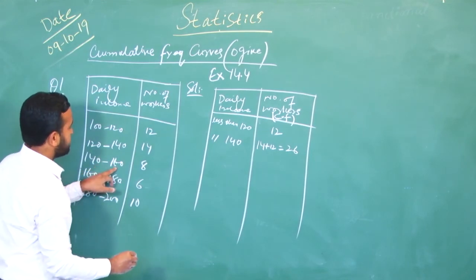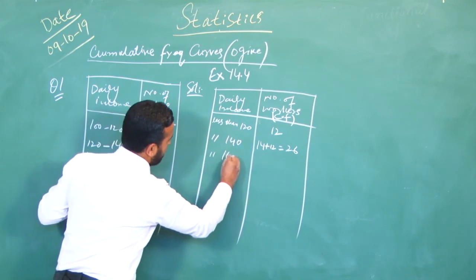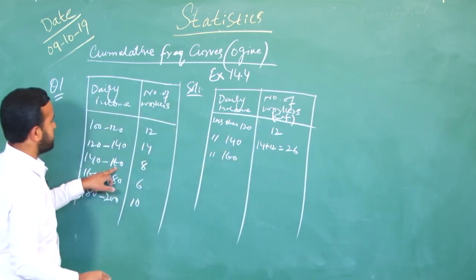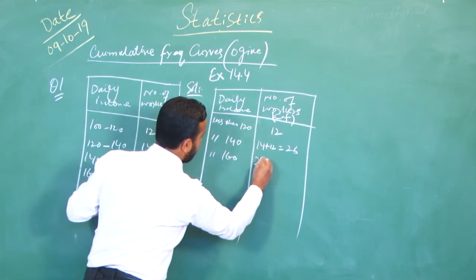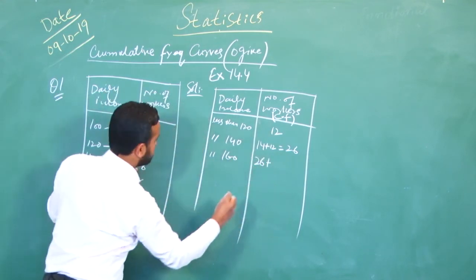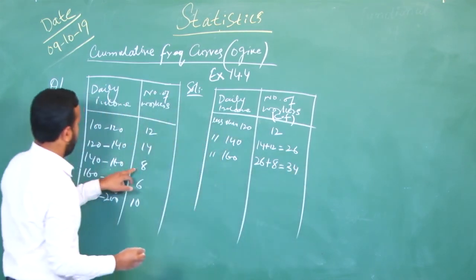140 to 160 means we are going to write less than 160. Previous two groups will also be included, so the addition of the previous frequencies, that is 26 plus 8, will give us 34.